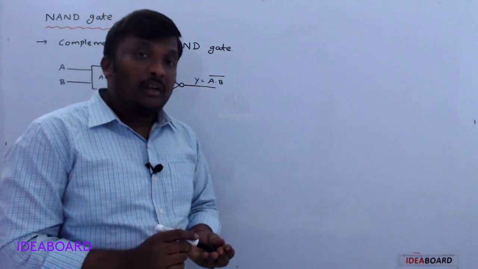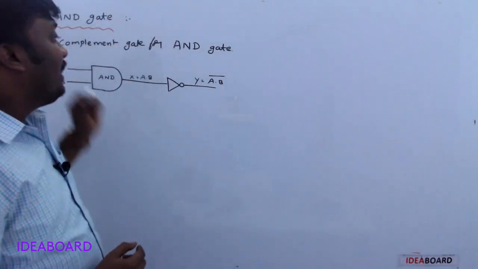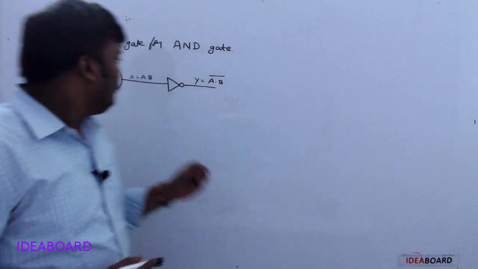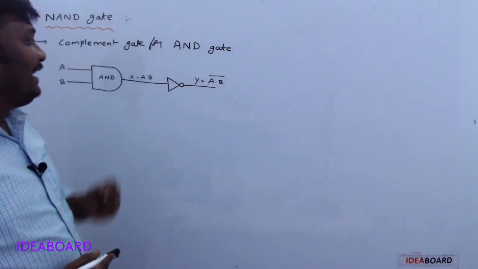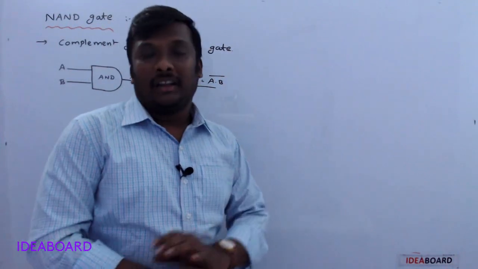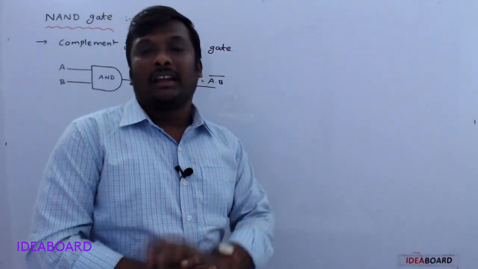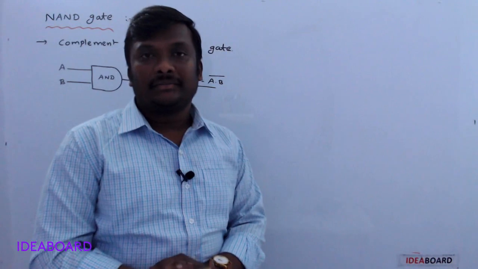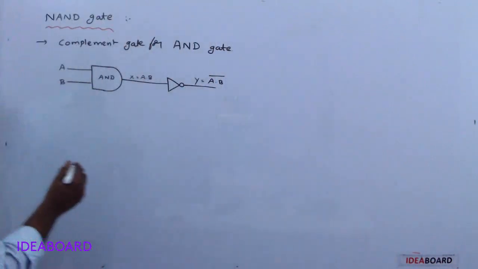Understand? So a NAND gate is obtained when the output of the AND gate is treated as input of the NOT gate. Understand?